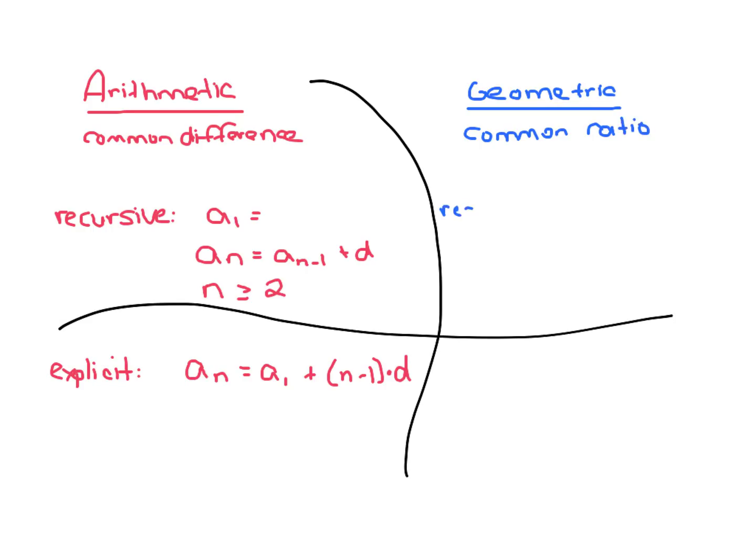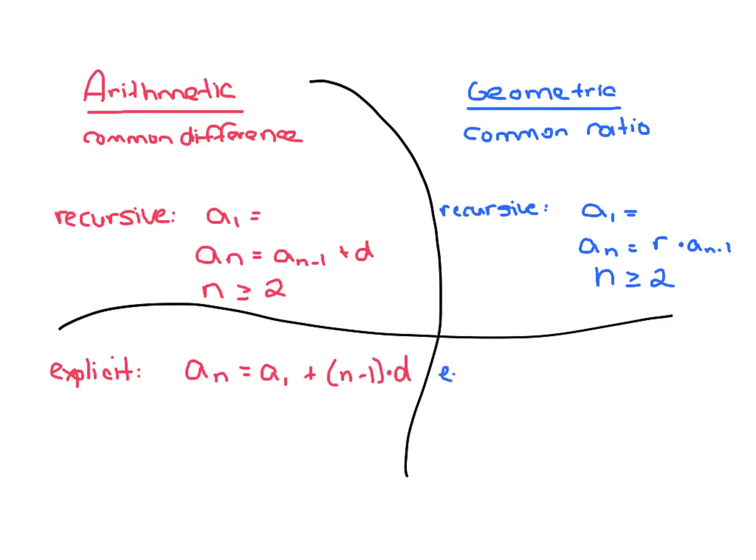And recursive for these, we're still going to have our first term. We're going to be looking for any term. We can take our common ratio, r, and multiply it by the previous term, as long as n is greater than or equal to 2.